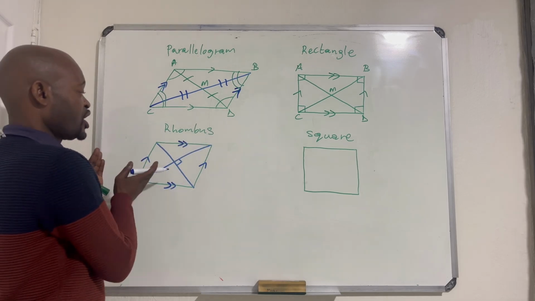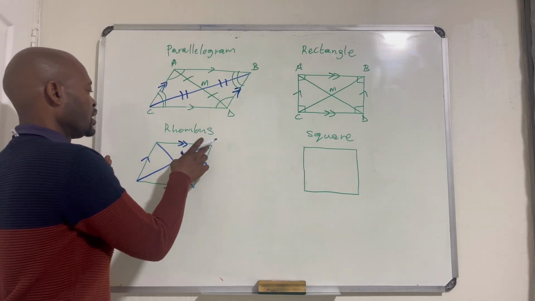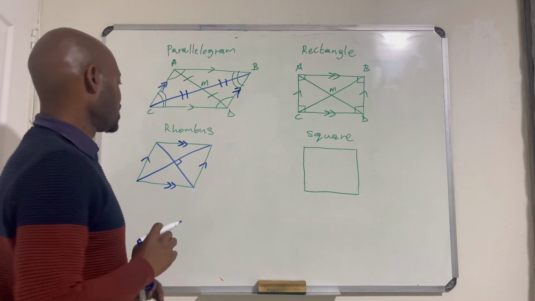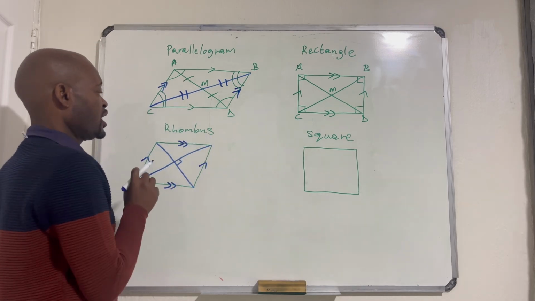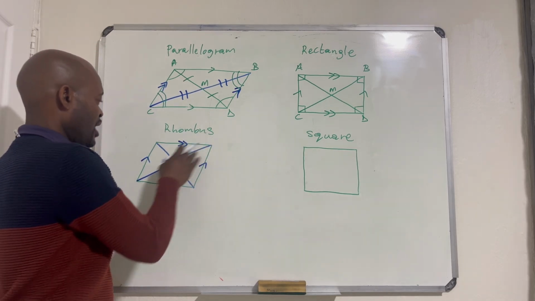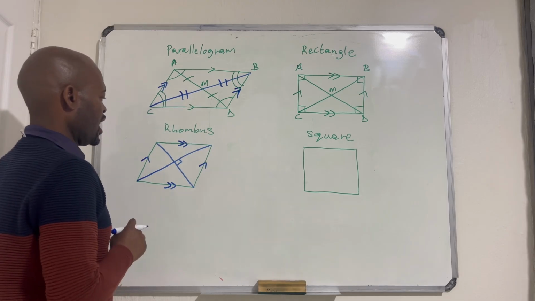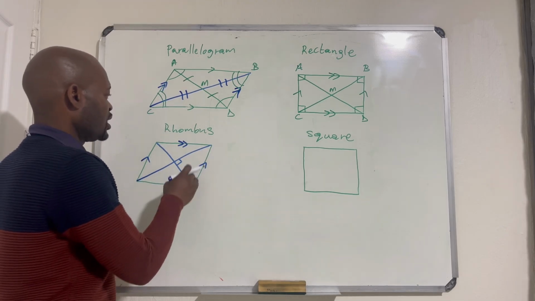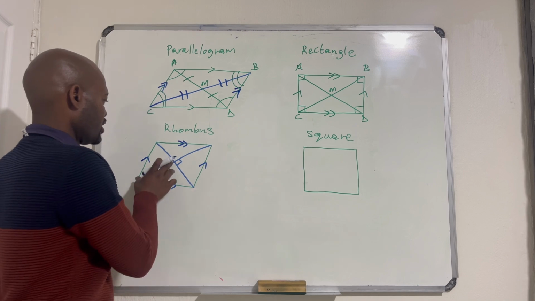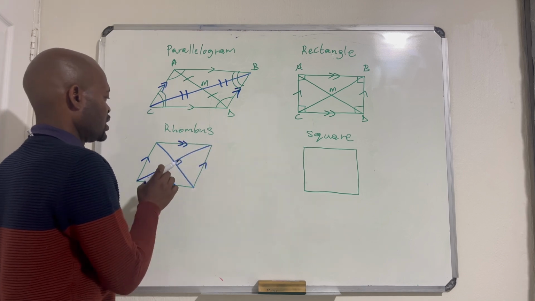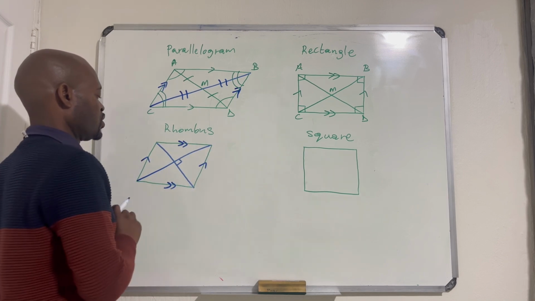They bisect each other but not equally, at 90 degrees. This is equal to that because this diagonal bisects this diagonal. And this diagonal bisects this diagonal, therefore this is equal to that, and this is equal to that.